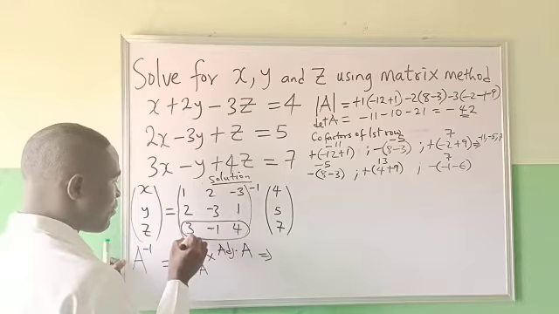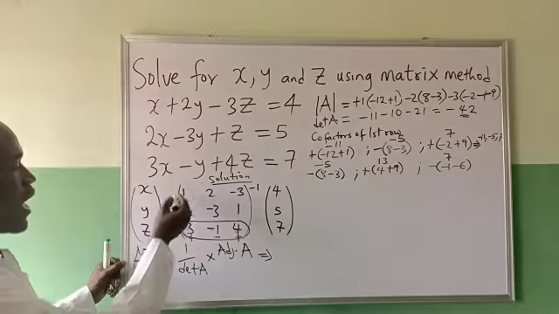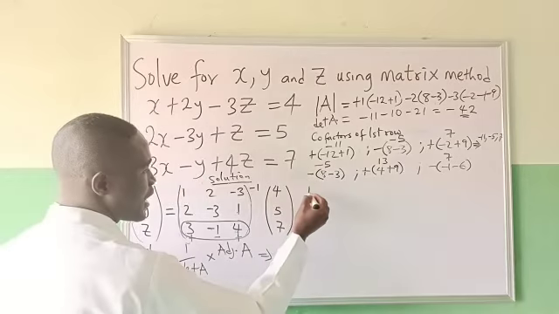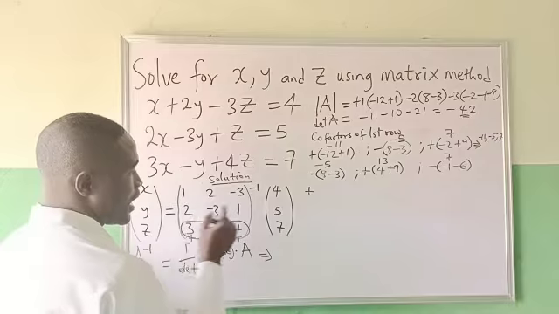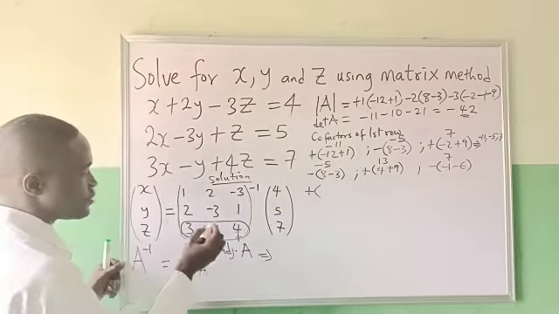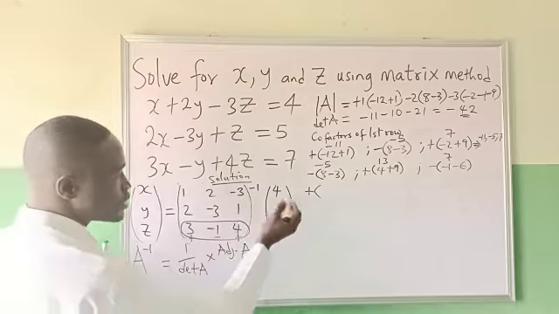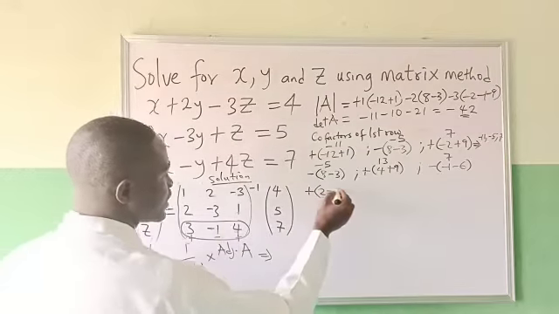Their signs are plus, minus, plus. So when I hold the first column, I'll bring down the plus that is in 3. Then I'll put brackets. When I hold here, this 4 elements will come out. 2 times 1, 2, minus, minus 3 times minus 3, 9.